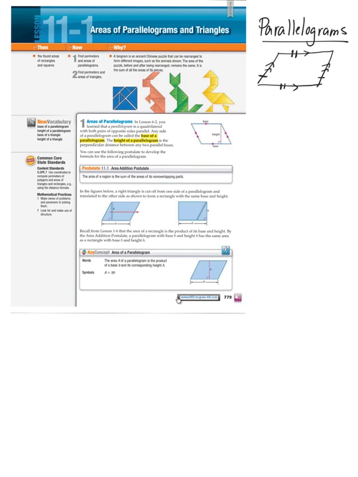If I want to find the area of a parallelogram, I'm going to pick one of the sides as the base. B equals base. And I'm going to multiply that base by its height. Now when I say its height, it means I don't just grab a height from somewhere. It's got to be that particular base's height.